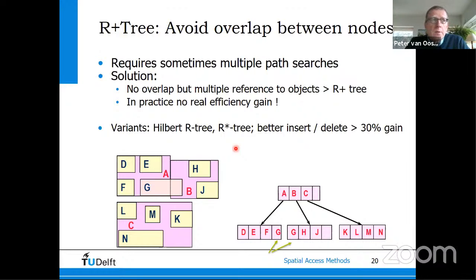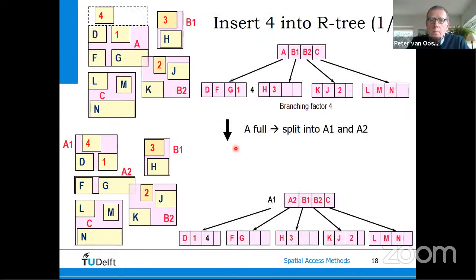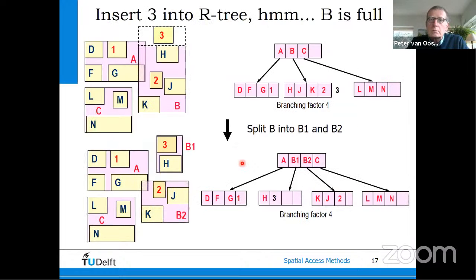But by having a little bit smarter delete and insert algorithm, it can be guaranteed that the nodes are fuller. And when does a node not get full? That happens after a split, like over here. Then you have a bit of an empty node.